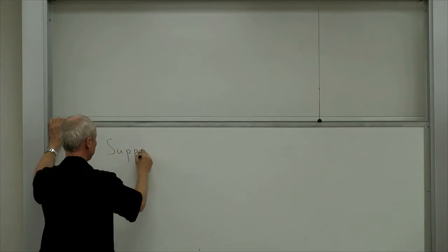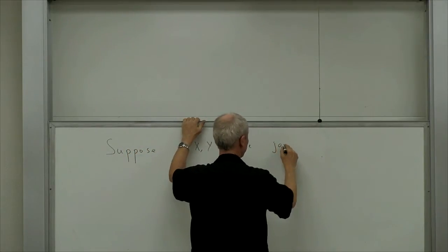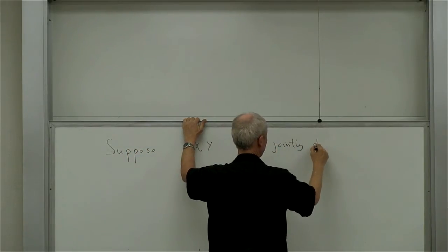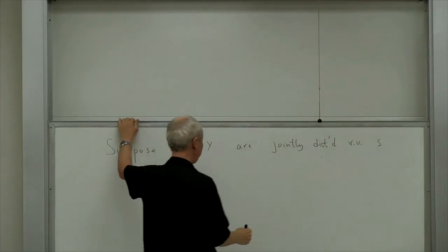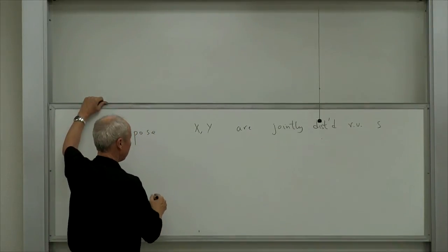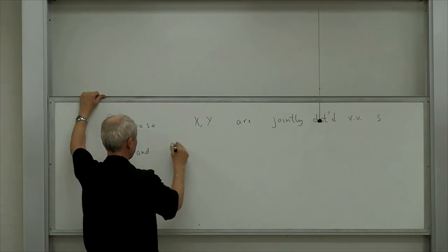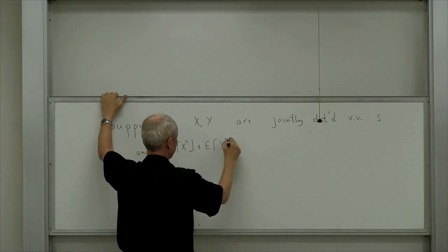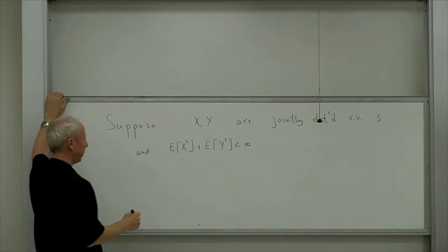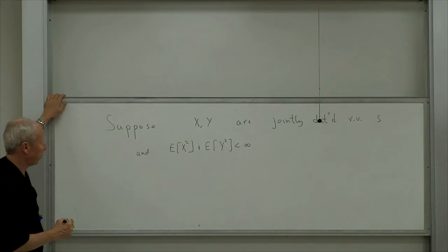Change gears slightly. Suppose we have a pair of jointly distributed random variables, and they both have finite second moments. The squares of the random variables have finite expected values.